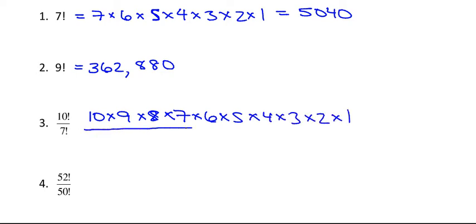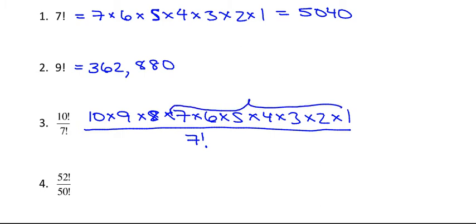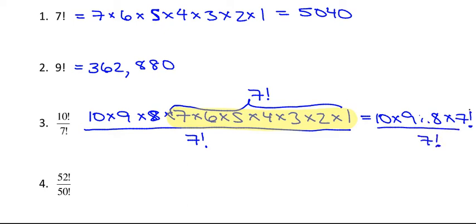I'm just going to leave this over 7 factorial for a second because I want you to notice that this part, 7 times 6 times 5 times 4 times 3 times 2 times 1, is actually equal to 7 factorial. So I could just write this as 10 times 9 times 8 times 7 factorial all over 7 factorial, and at that point they can cancel.